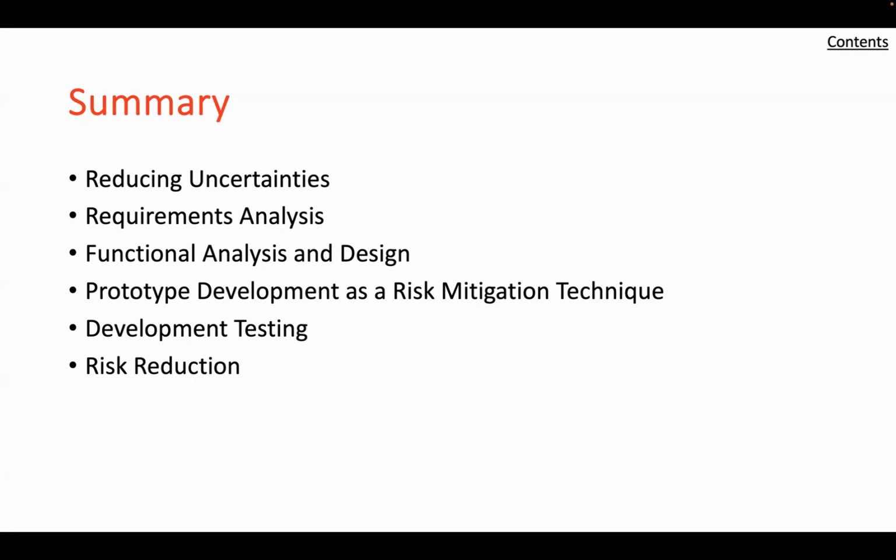Then we talked about requirements analysis. Analysis of system and functional specifications is required to relate them to their origin and operational requirements, especially those not readily met. Their differences from those of predecessor systems are also noted. Then we have functional analysis and design.